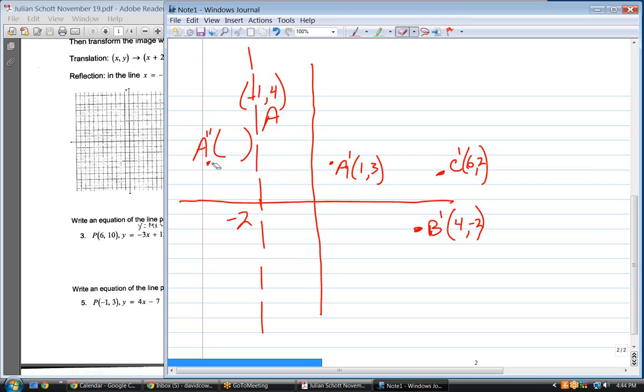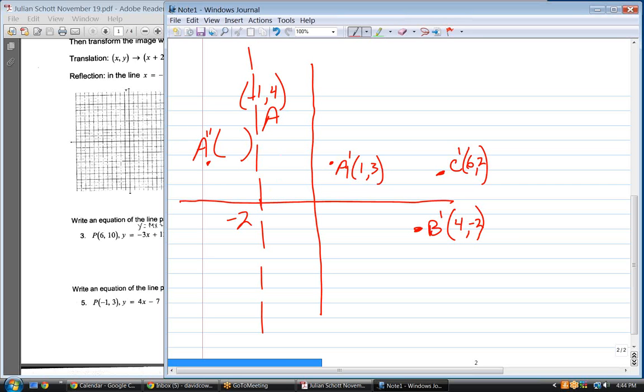So what's my x-coordinate on A double prime? Wait, 3 is the x? No, 3 is the y, 1 is the x. 3 is the y, and 3 isn't going to change.